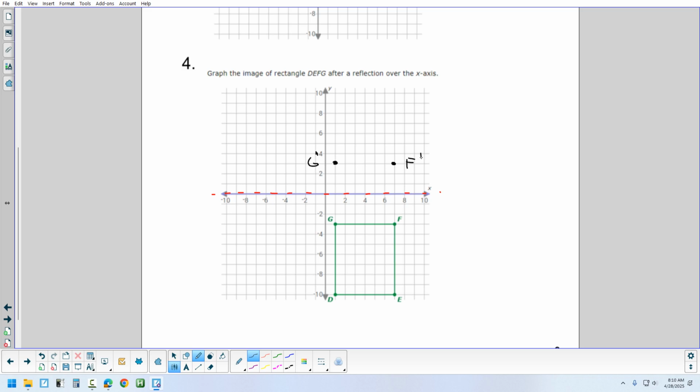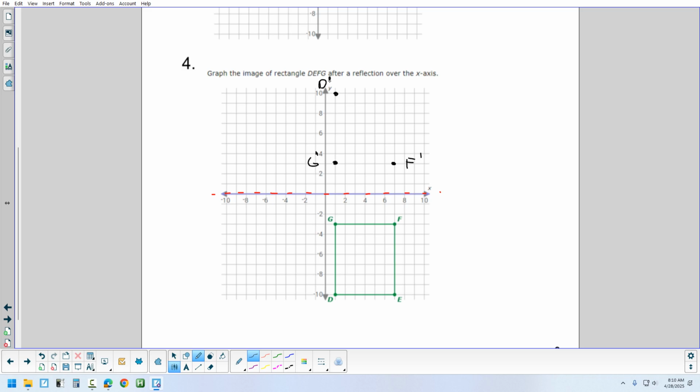And D, how many units is D from the line we're going to flip over? Ten, and it's 10 which way? Down, so D prime is going to be 10 up.